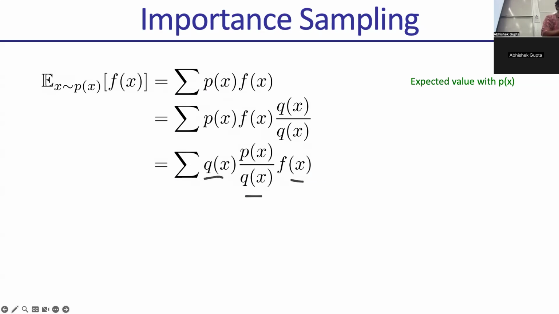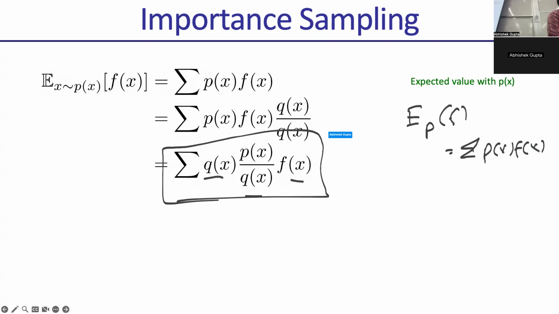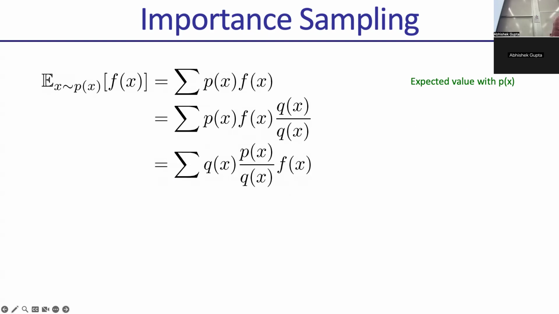But the nice thing now is that an expectation with respect to some probability distribution of f is the sum of P of x, f of x. This thing also looks like an expectation, but under Q of x, right?